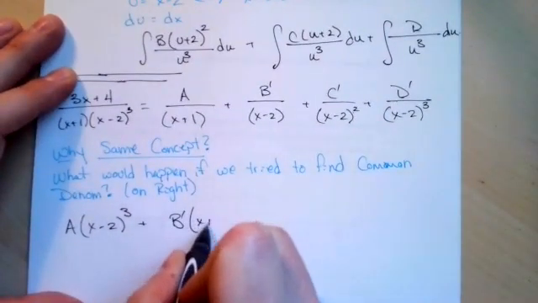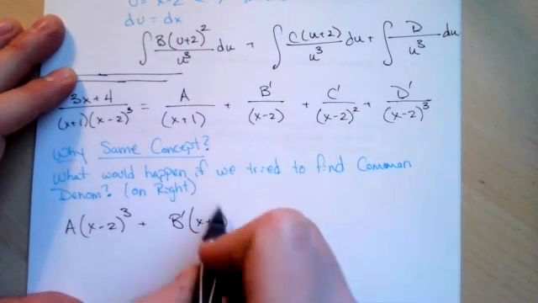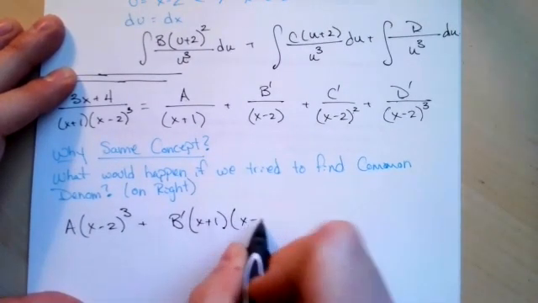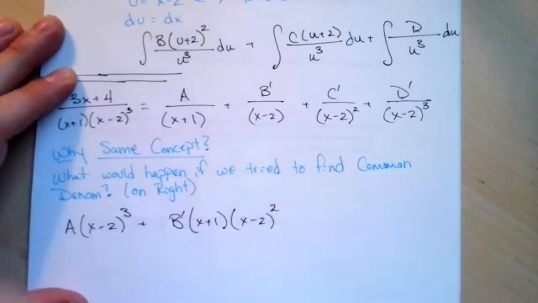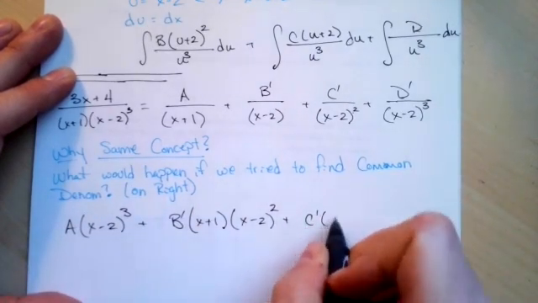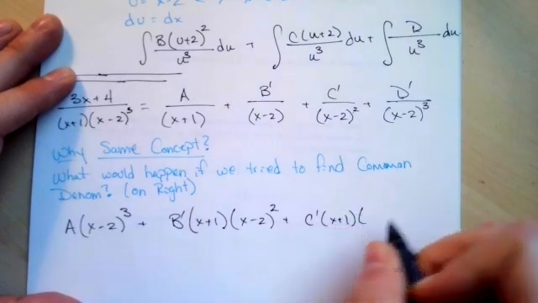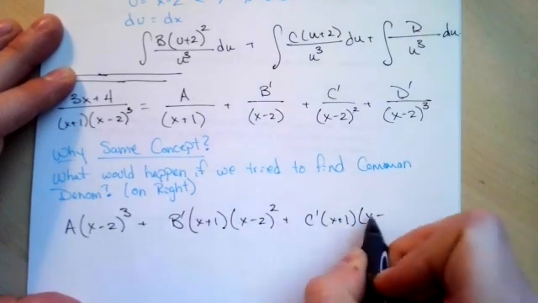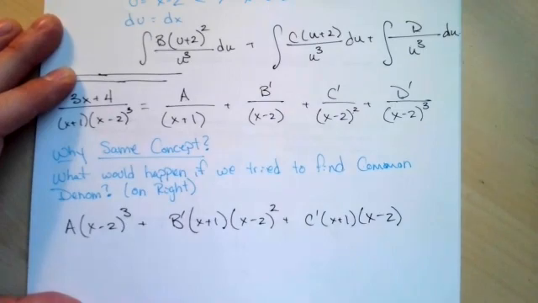I need that x plus 1. And then we're going to need 2 factors of x minus 2. C prime, we're going to need x plus 1 and 1 factor of x minus 2.